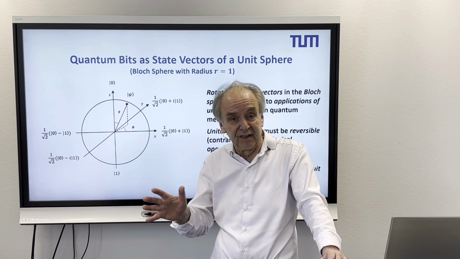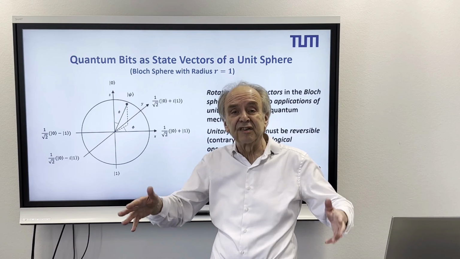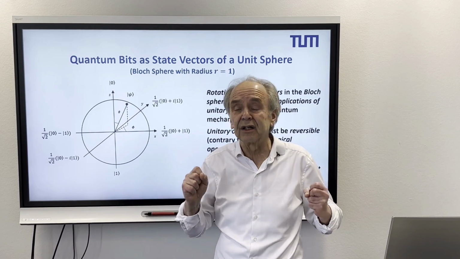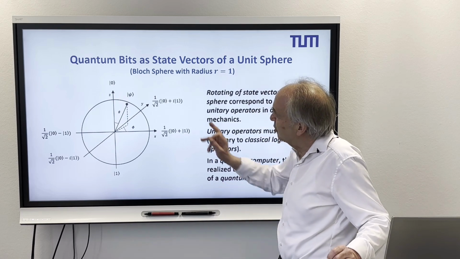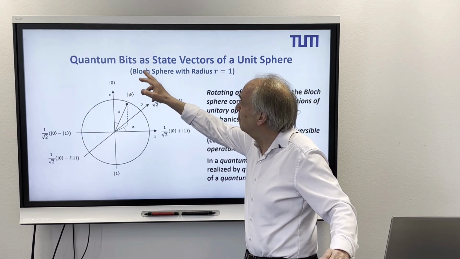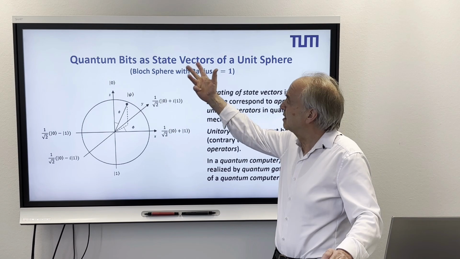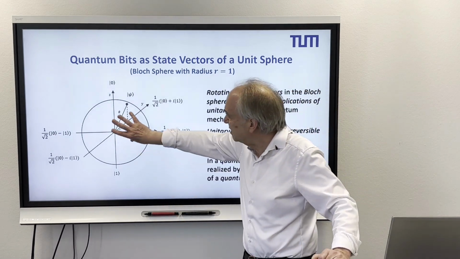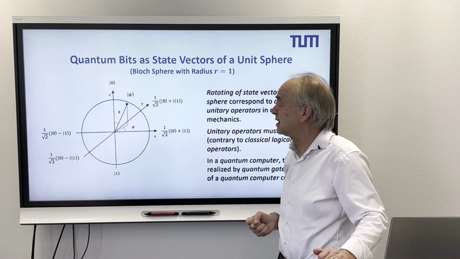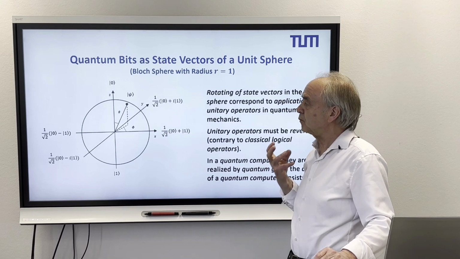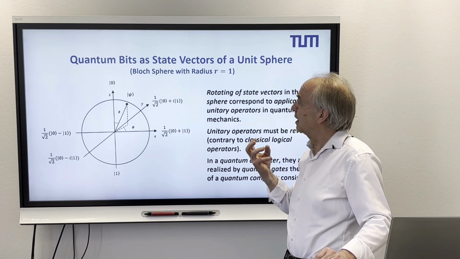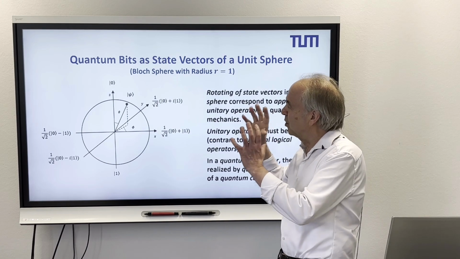And in the same sense, a quantum computer is a box of quantum gates. But what are quantum gates? At first, let us remember quantum bits can be represented as state vectors. And that is illustrated here in a famous picture, the so-called Bloch sphere.